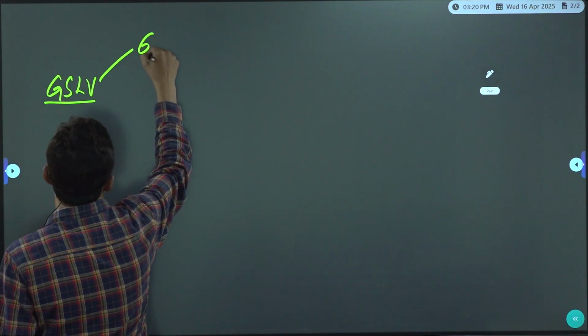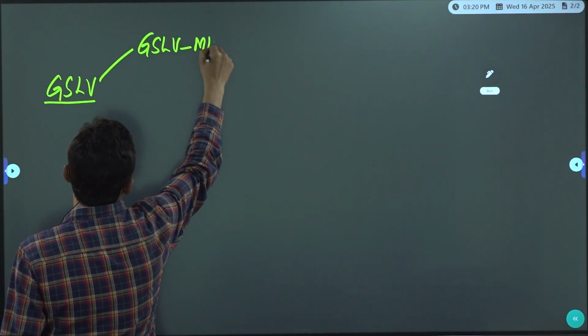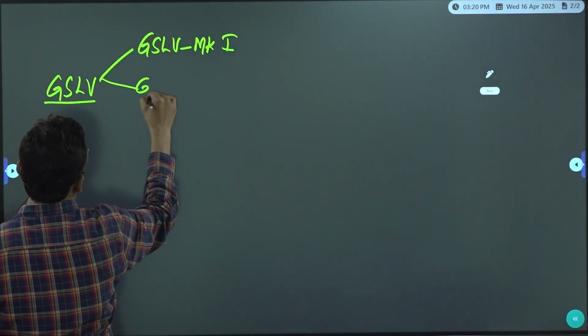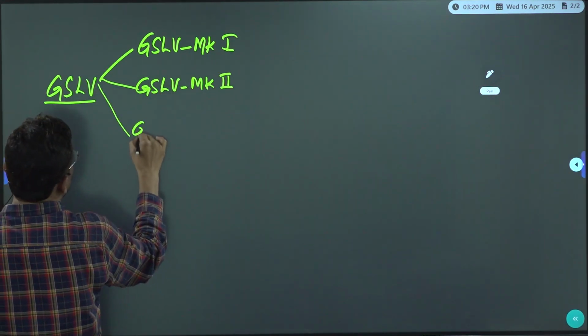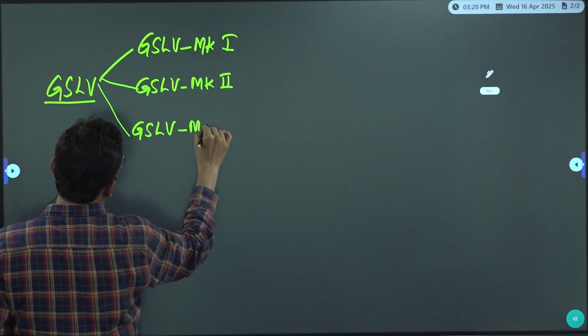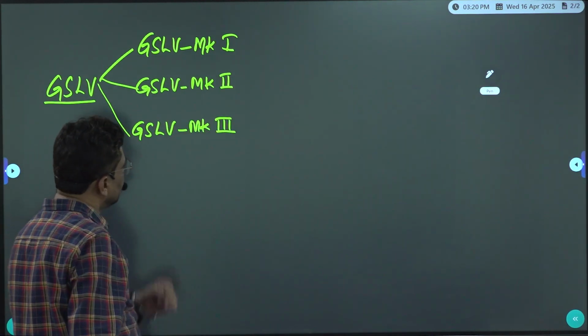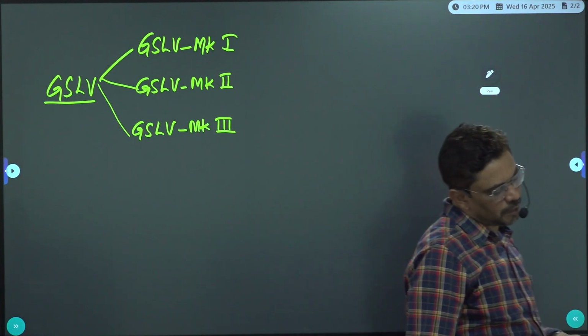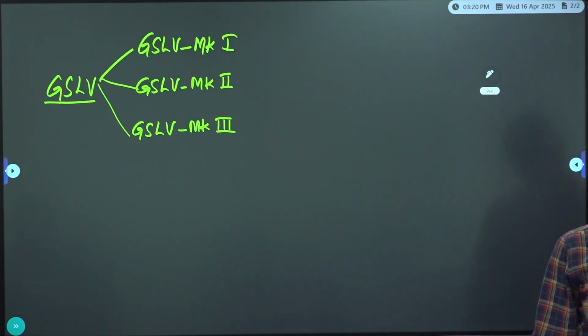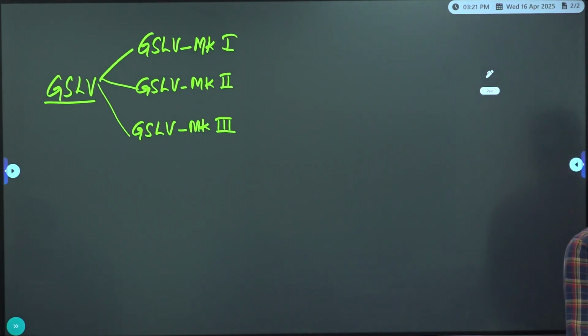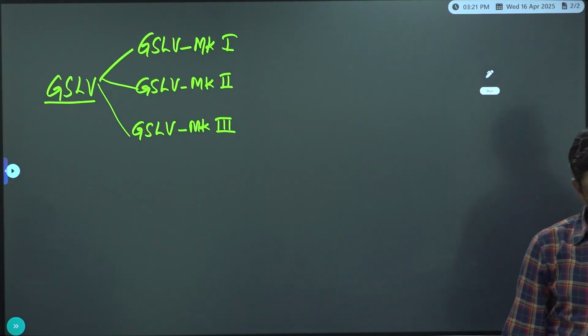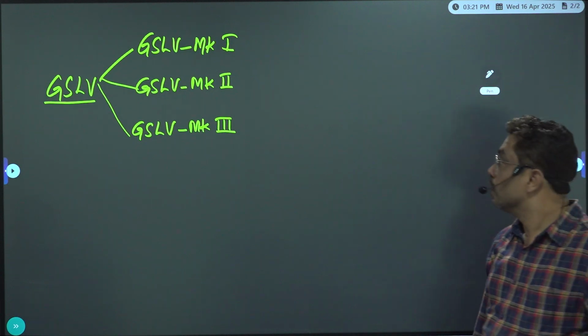These are GSLV MK1, GSLV MK2, and GSLV MK3. Let us see GSLV Mk3.